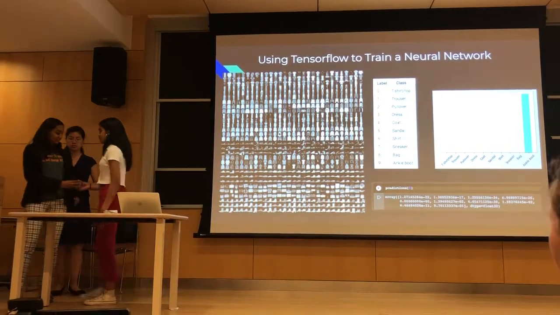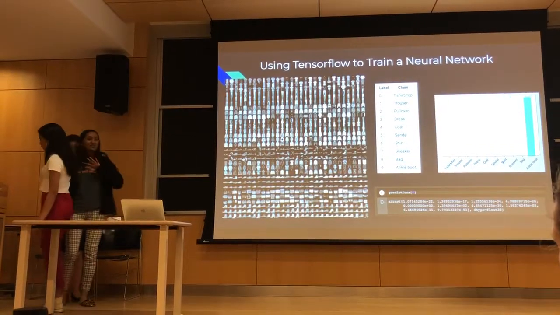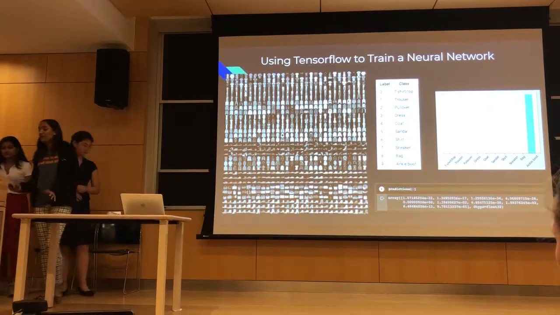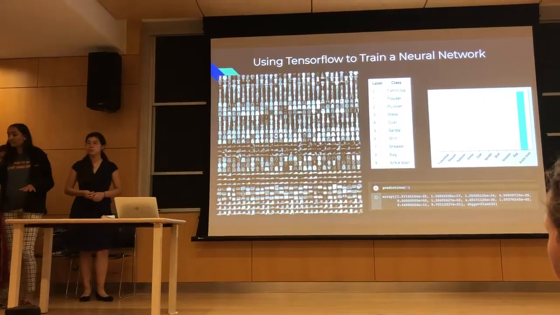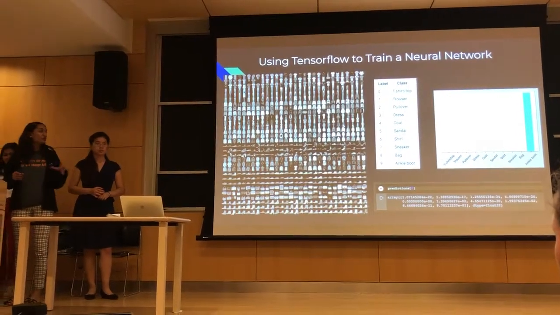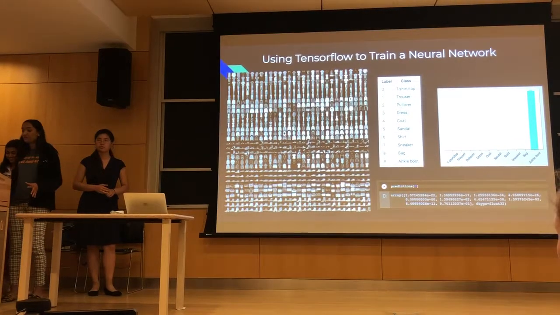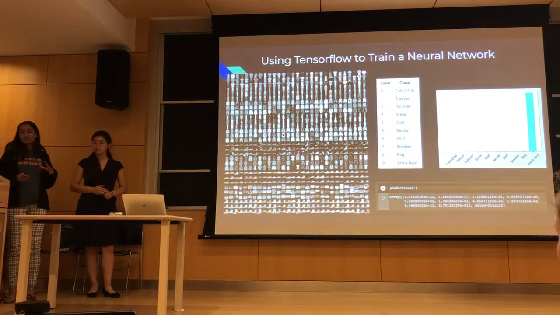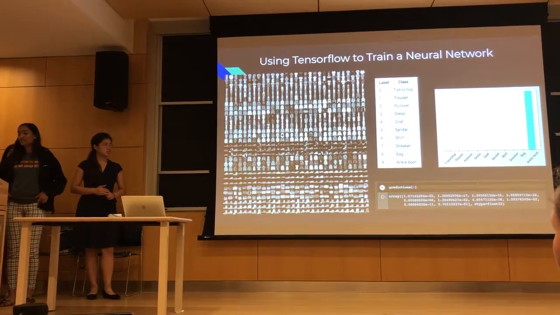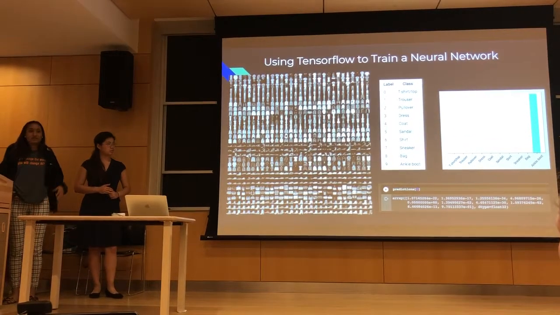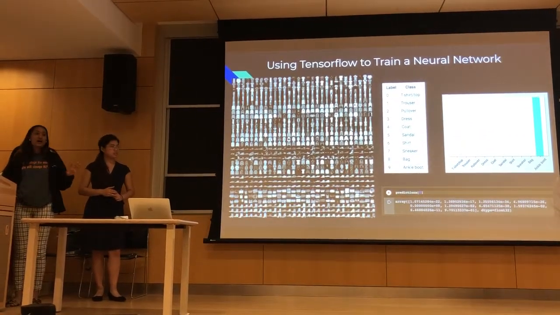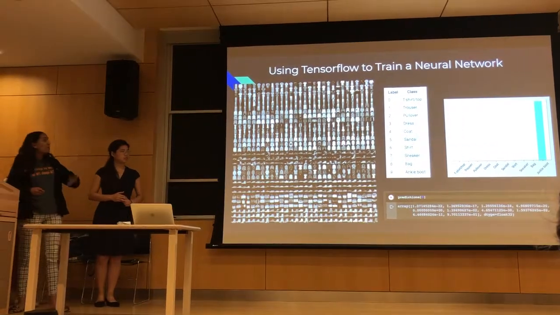Okay, so using all the information that Richard just went over, we implemented this into TensorFlow, which is a program that helps build models out of data. So we used TensorFlow first to train a neural network. What we did is we loaded sample data from this Fashion-MNIST data set, which basically gave us a bunch of images.